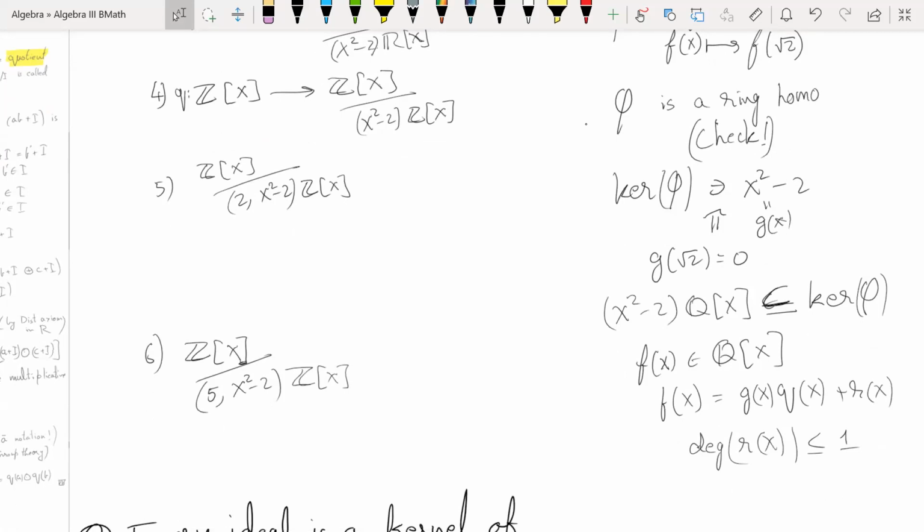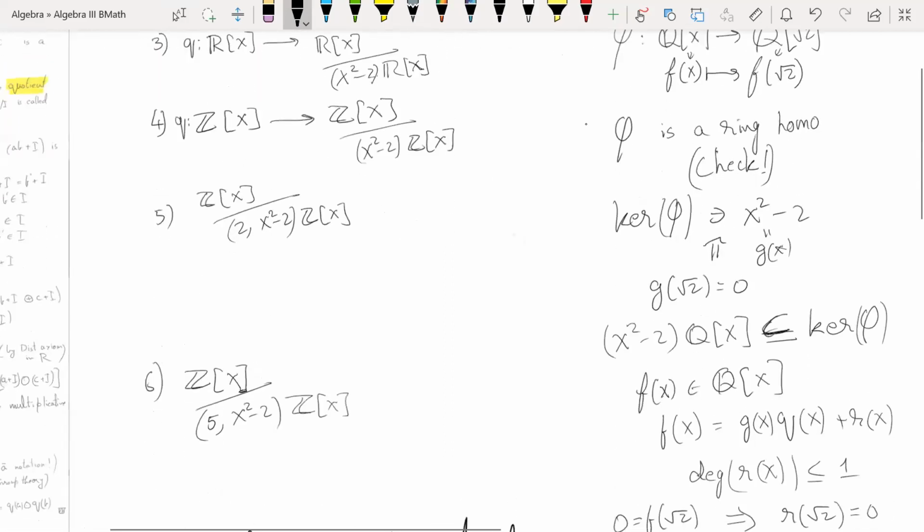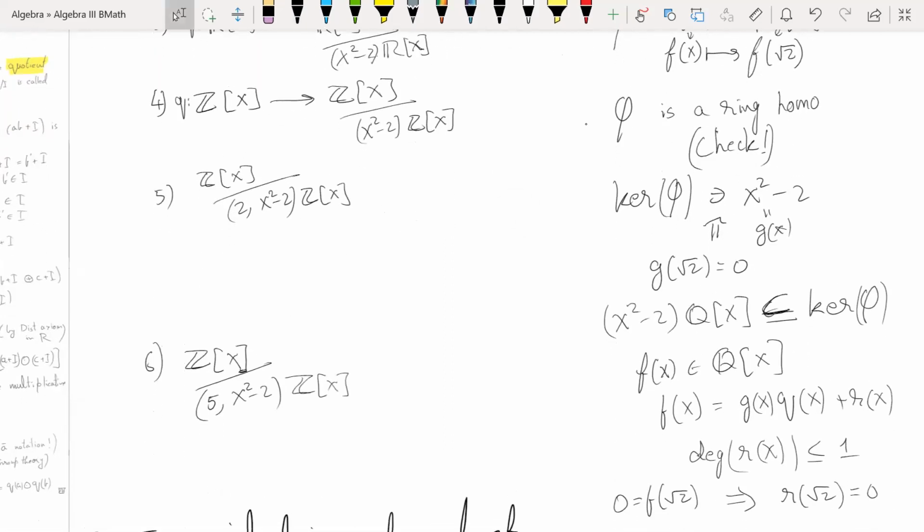And of course, now if you plug in square root 2 into f, then this being equal to 0 will imply r(square root 2) is 0, which of course can't happen for any non-zero linear polynomial with rational coefficients, because square root 2 is an irrational number.